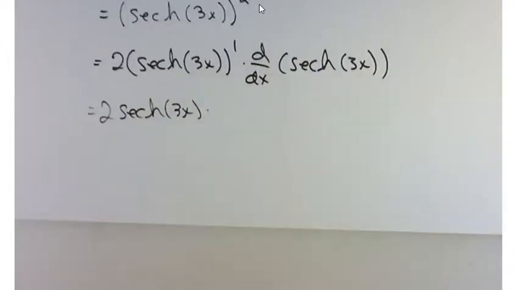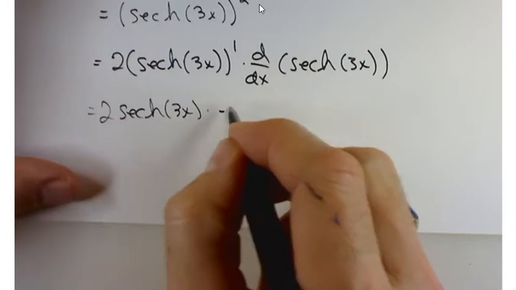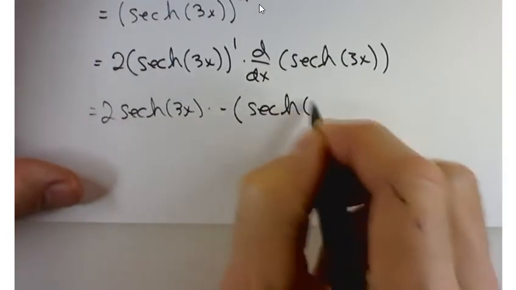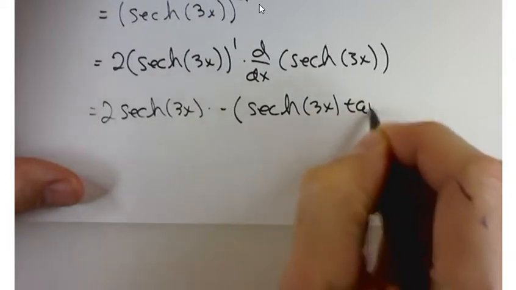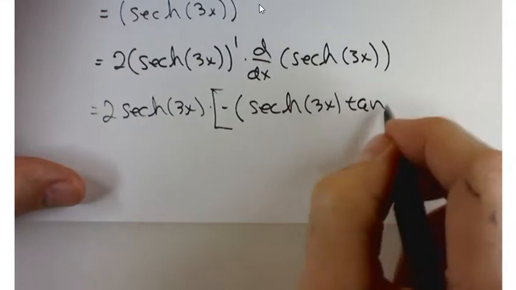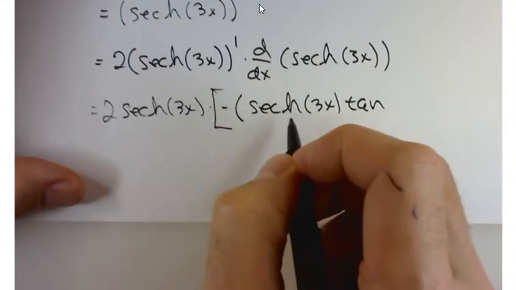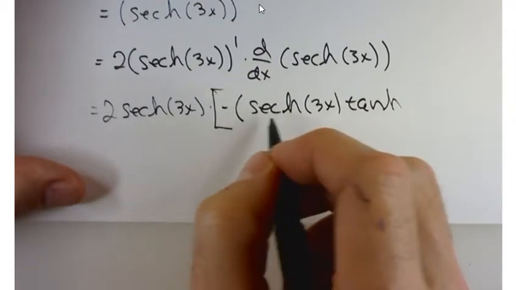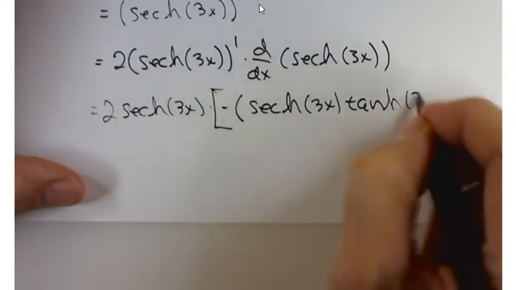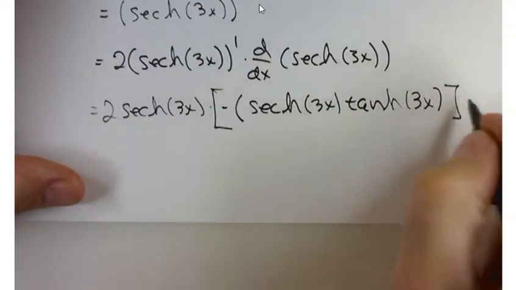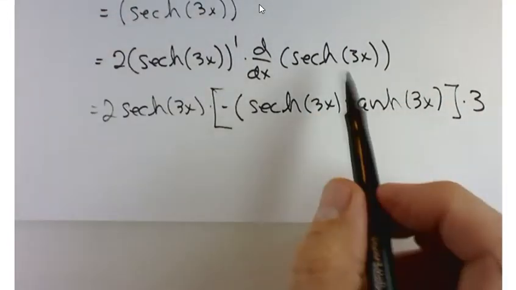What's the derivative of the hyperbolic secant? Yep. So it's negative, I'll put this in brackets, negative of the hyperbolic tangent of 3x times the hyperbolic secant of 3x, times 3, because you've got to use the chain rule yet again.